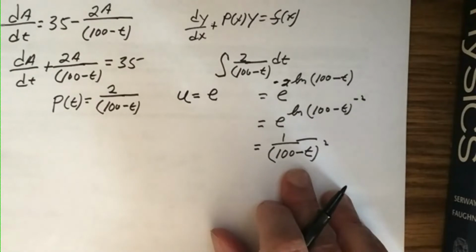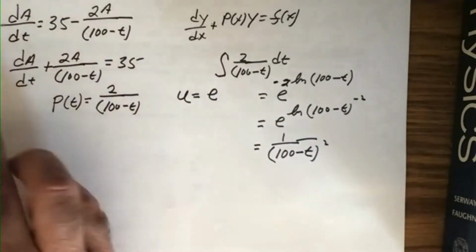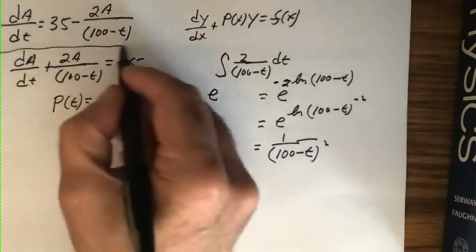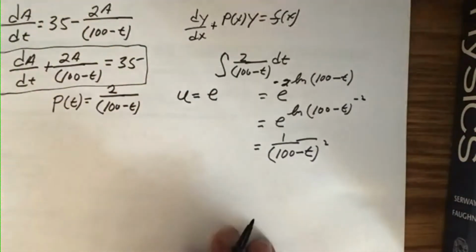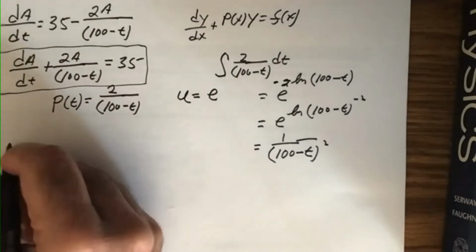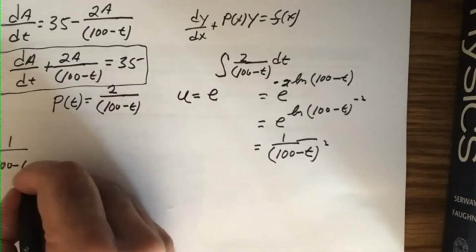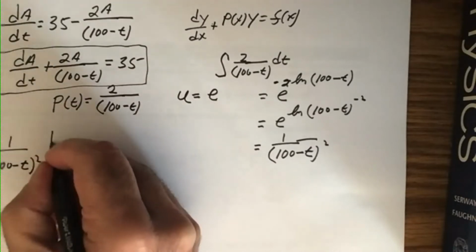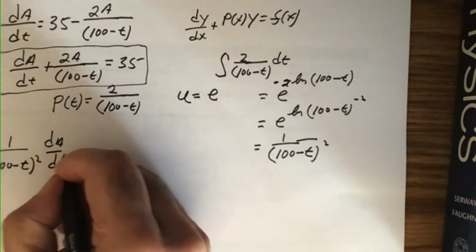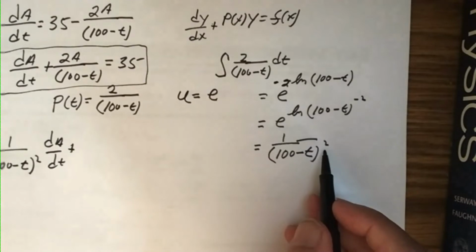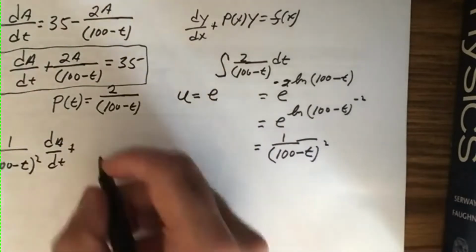Okay, so now I got the integrating factor. So now I'm going to multiply both sides of this equation by the integrating factor. So let's see, what do I get then? Now here I'm going to have, yeah, so this is going to be a cube.